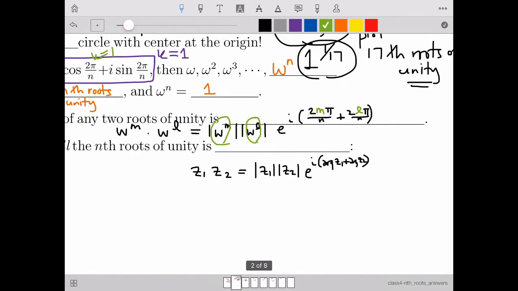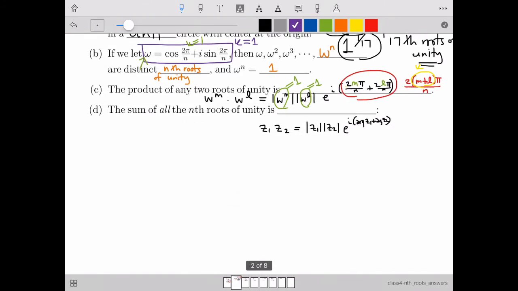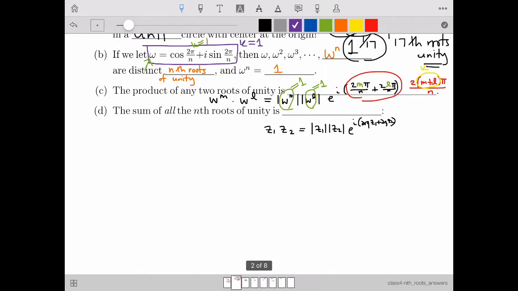Each of these has length 1 there on the unit circle, and if I add these two, it becomes 2(m plus l) pi over n, where m plus l is again some k. Therefore, this is also a root of unity. So the product of any two roots of unity is again a root of unity.